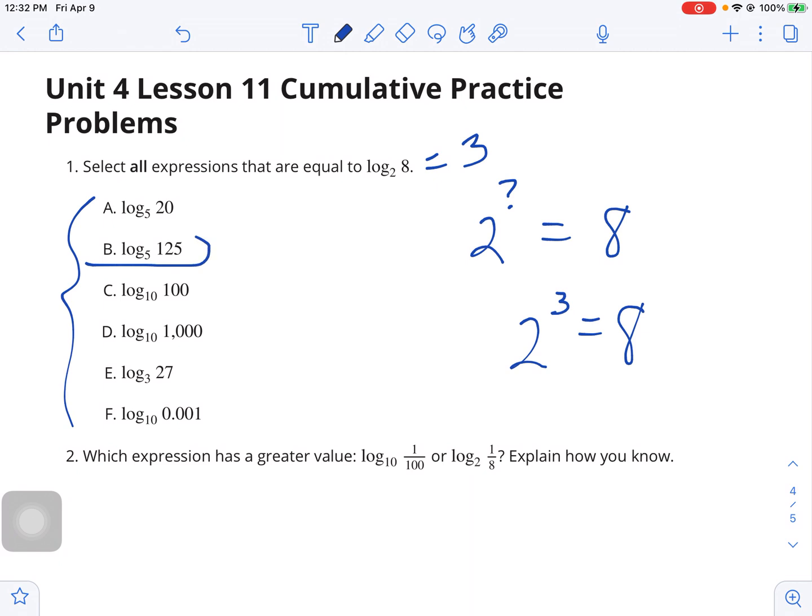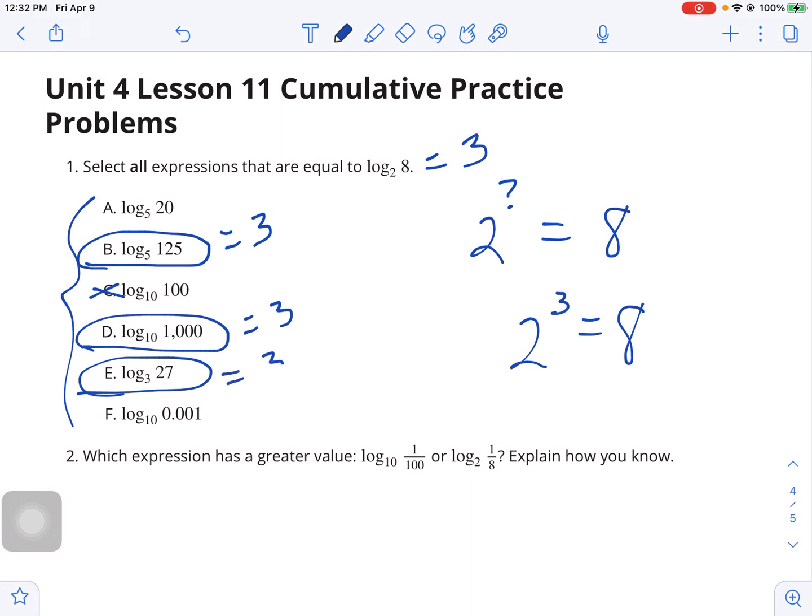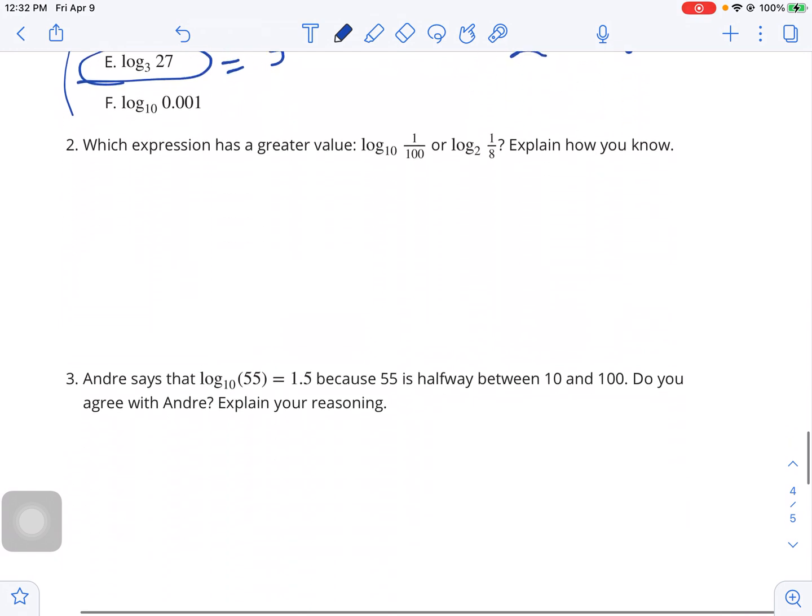But 5 to the third does give you 125, so that would be a good selection. 10 to the third power is 1,000, so this one's out because this is 10 to what power gives you 100. But D would be in. That would be equal to 3. This is an exponent of 3. E would also be in, since 3 to the third is 27, but F is not 3.